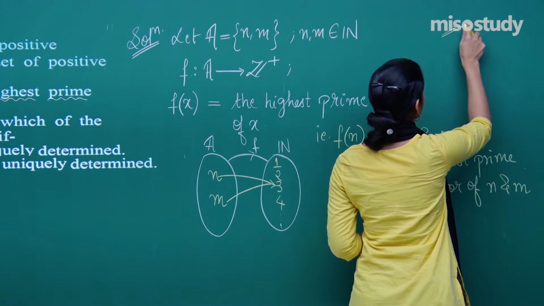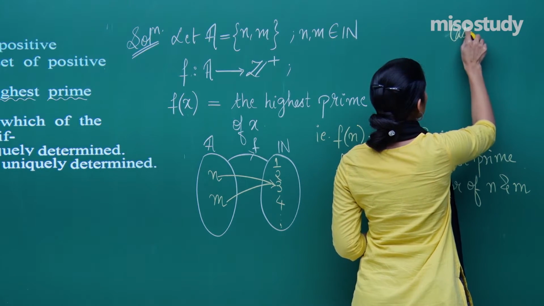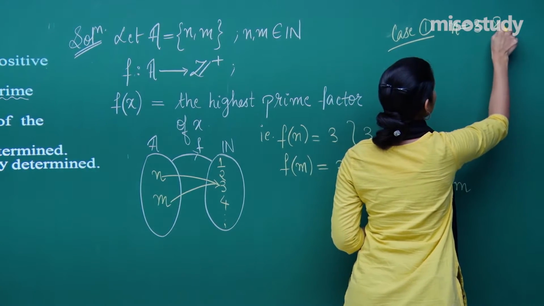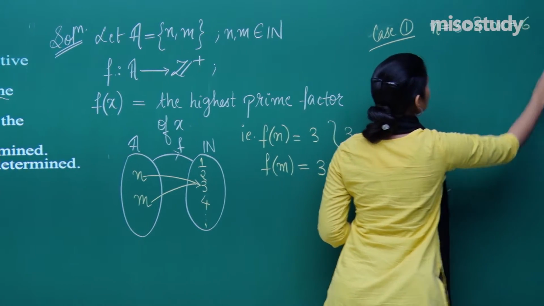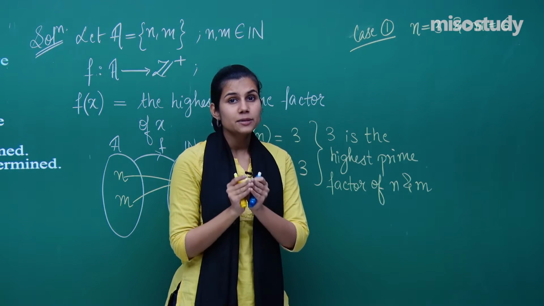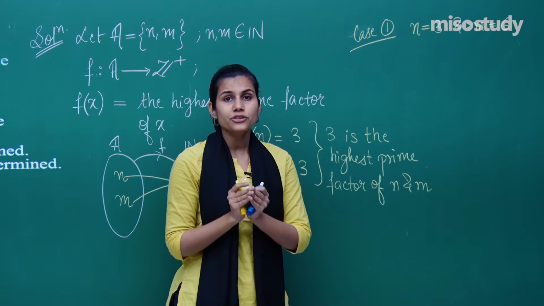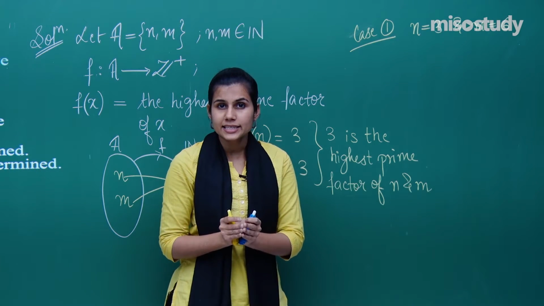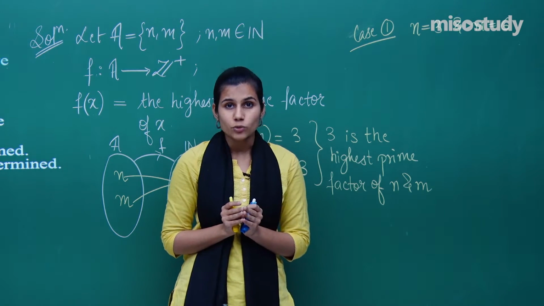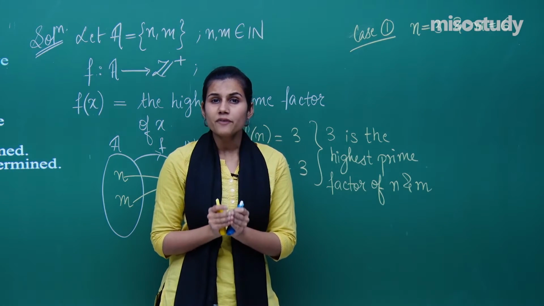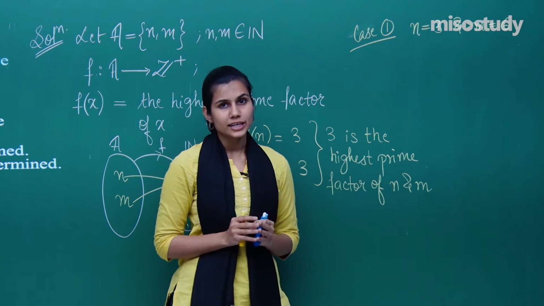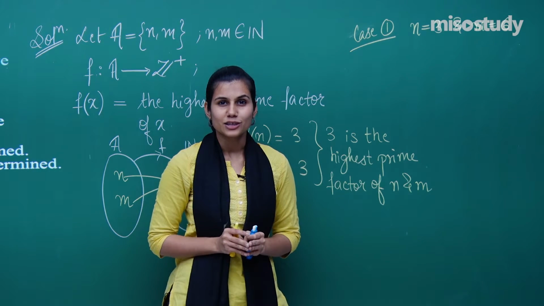If I take this as case 1, I can have n equal to 3 and m equal to 6. Because 3 is the highest prime factor of 3 and 3 is the highest prime factor of 6, and that is why I am taking n equals 3 and m equals 6. Why don't you try and find out some more values of n and m which satisfy this particular relation, and then we will proceed with the solution.